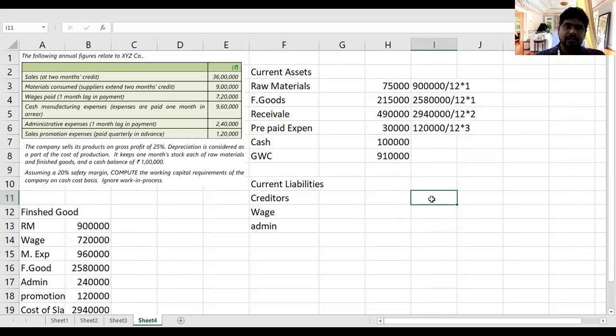So we have purchased raw material, how much? Annual cost of raw material is 90,000. Not 90,000, 900,000. And it is for 12 months. And to get the 1 month figure, we divide by 12.